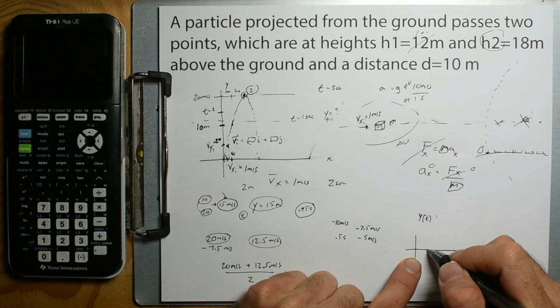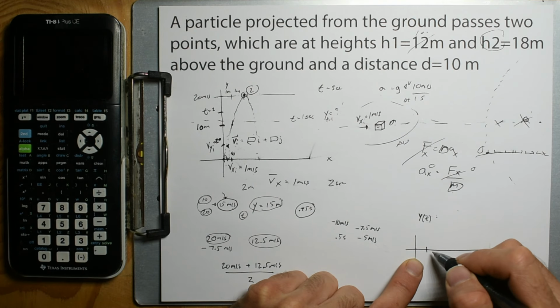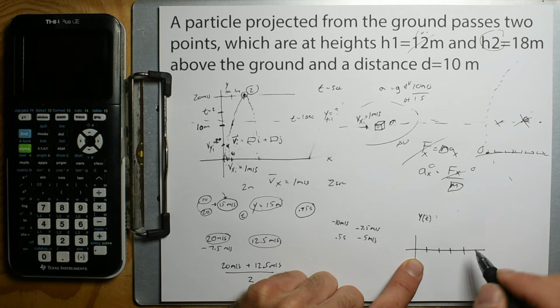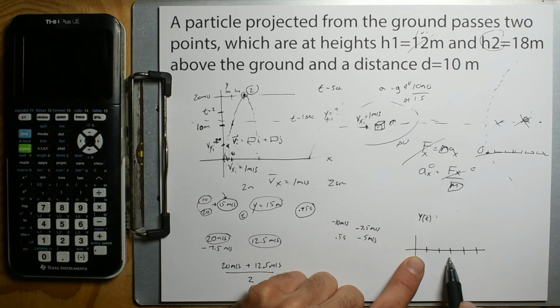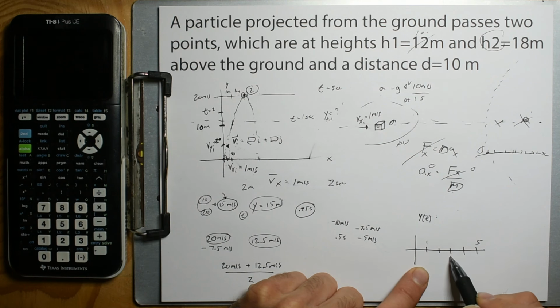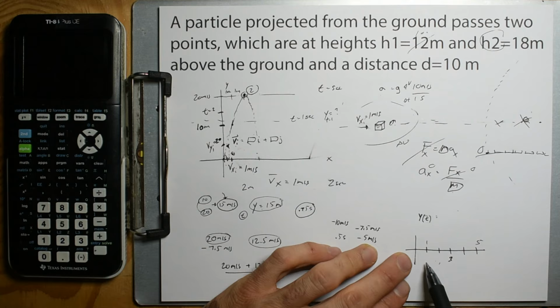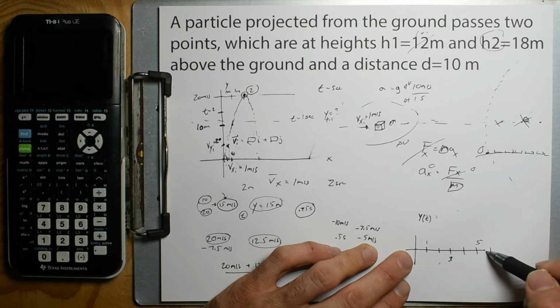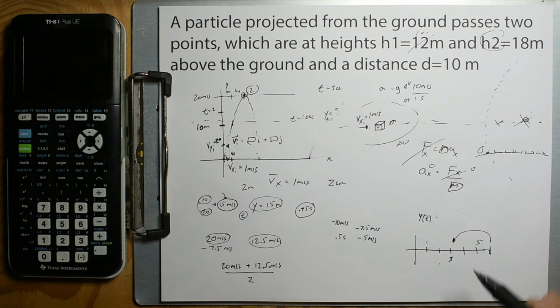Let's say I wanted to find the average between 1 and 5. The average is going to be 3. How could I get that? Well, I take 5 plus 1 and then find the halfway point. It's just the way to find the average between two numbers.